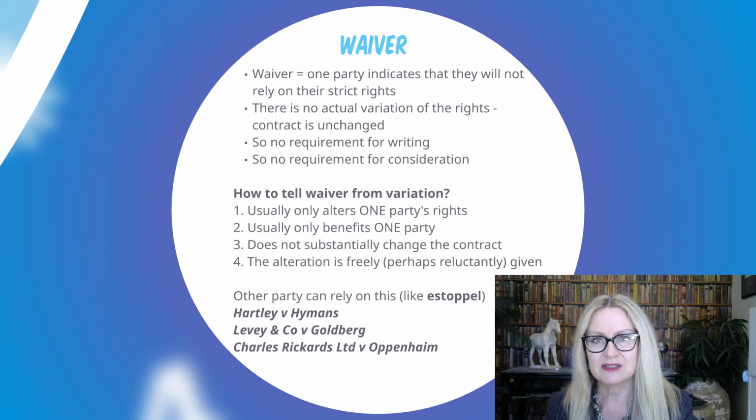The important thing is the substance of what's going on. And waiver, as I said, is just another one of those ways that you might rearrange your deal. Hartman, Hyman's, Levi and Cohen, Goldberg and Charlton, these are the cases that you need to look at for waiver.